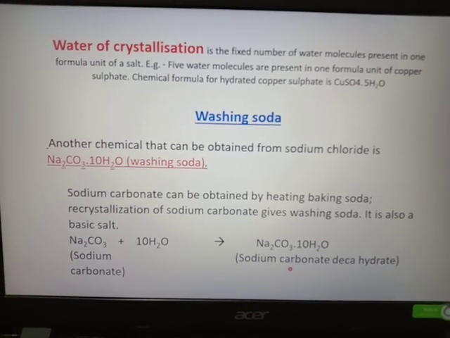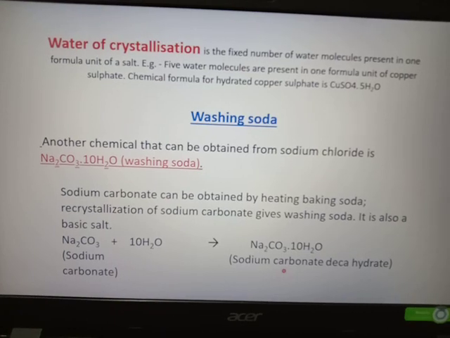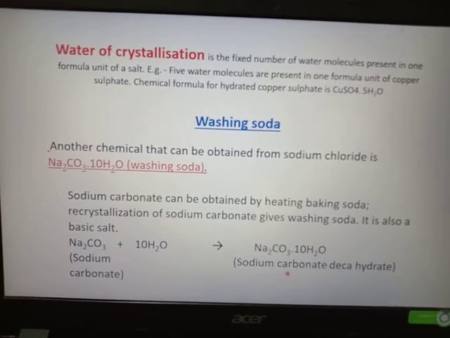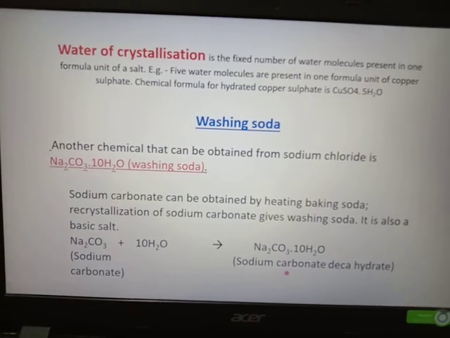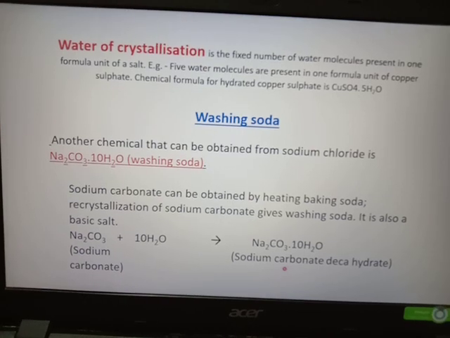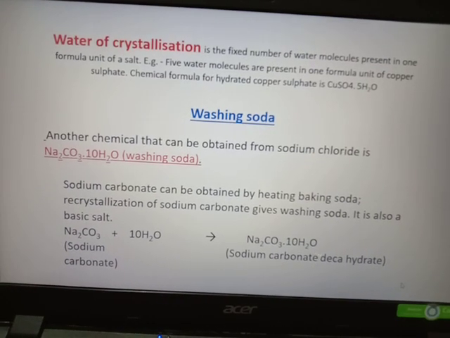Very important, children. Sodium carbonate is also used to manufacture glass, soap and paper. And the last use is it is also used to prepare borax.